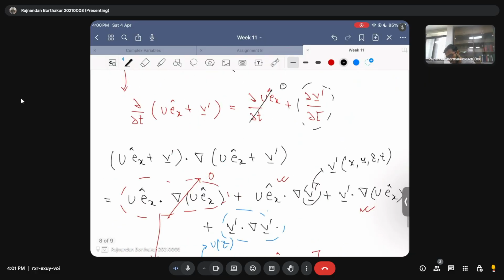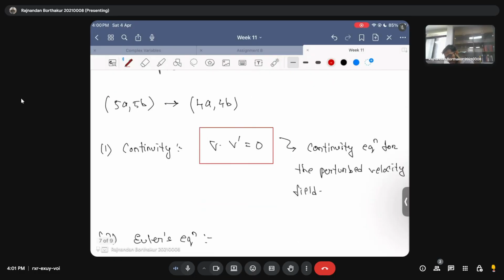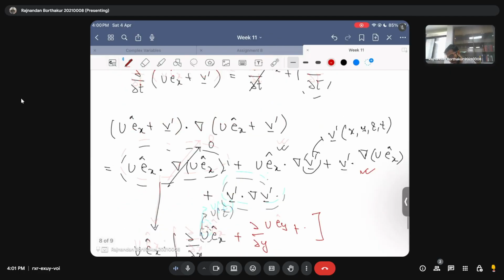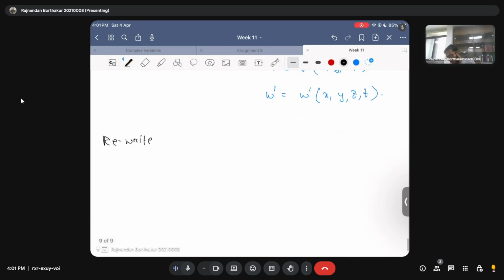Maybe I'll name this equation: the continuity equation, let's name it 6a, and this equation we'll call 6b. And what we'll do is rewrite 6a and 6b in their component form, that is the x component, y component, z component. That's all that we will try to do.